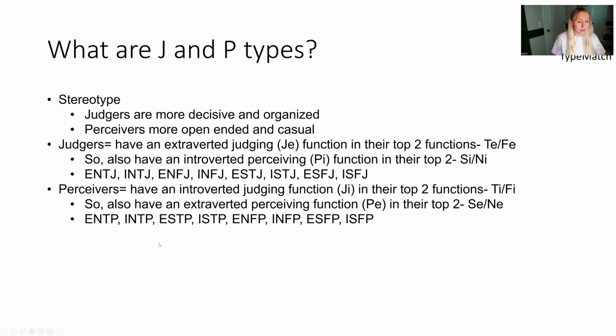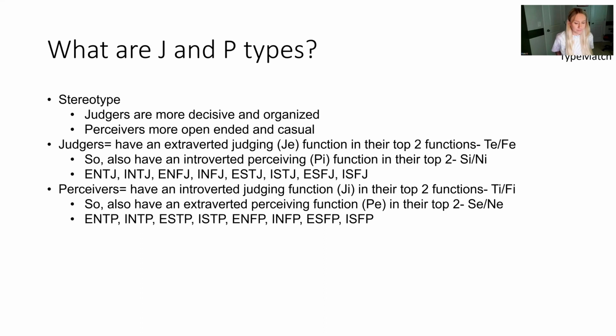And then perceivers have an introverted judging function, Ji, in their top two functions. So that would be Ti or Fi. And conversely, they would have an extroverted perceiving function, Pe, in their top two, either Se or Ne.